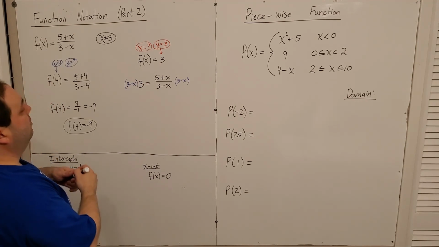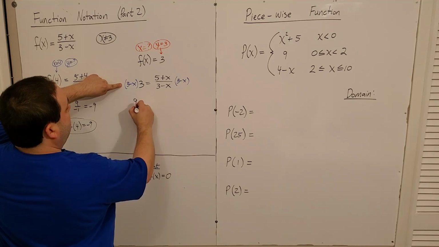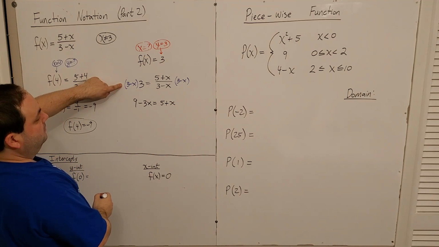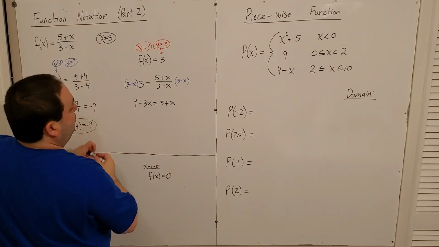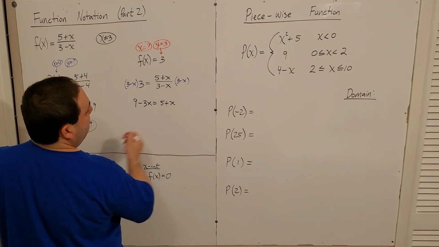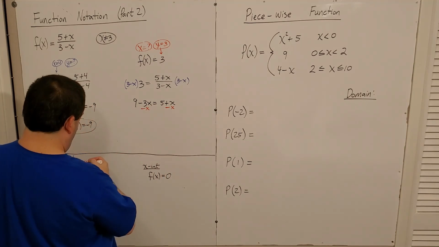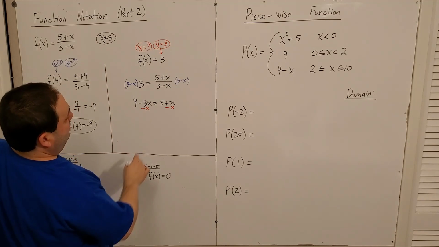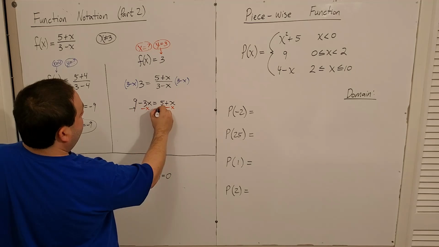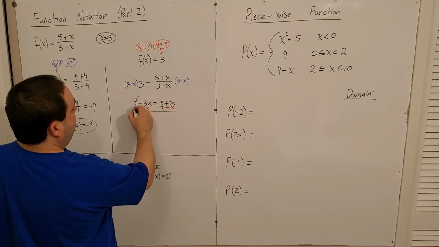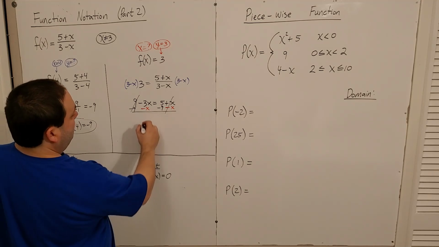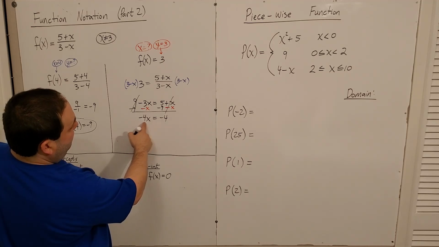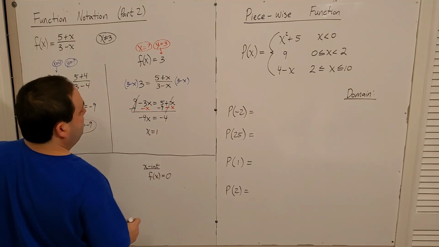So then from here, I've got 9 minus 3x is equal to 5 plus x. I'm going to subtract x from both sides. Right? Okay. Let me go ahead and separate this. And I'm also going to subtract 9. So that gets rid of this, and it gets rid of this. So I've got negative 4x is equal to negative 4. Dividing both sides by negative 4 gives me that x is 1.